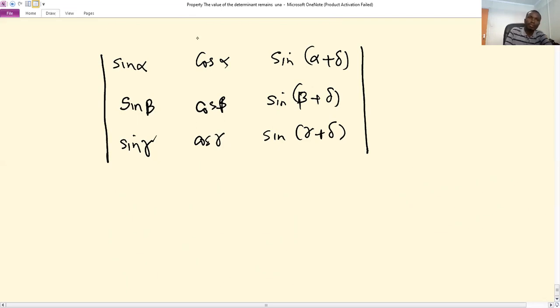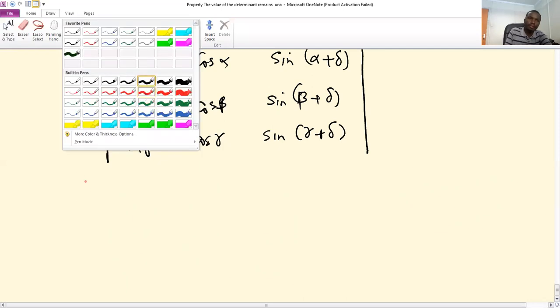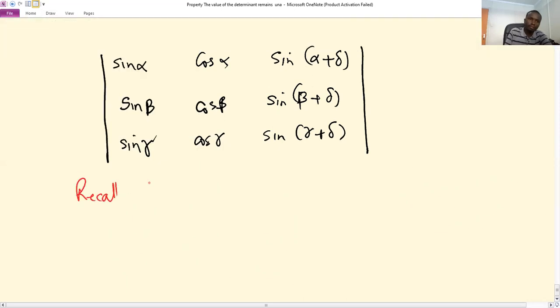So recall that. This is the determinant, let's call it delta.